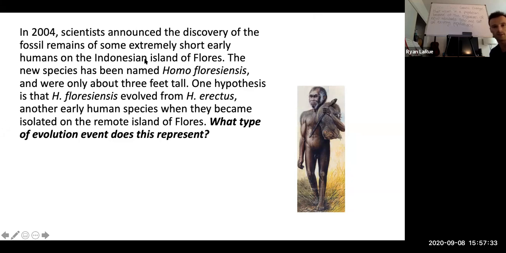Yeah, that's founder effect, exactly. So this original population of Homo erectus, a few of them left and went to this isolated island and bred with each other. Kind of like the Amish a little bit in that regard.